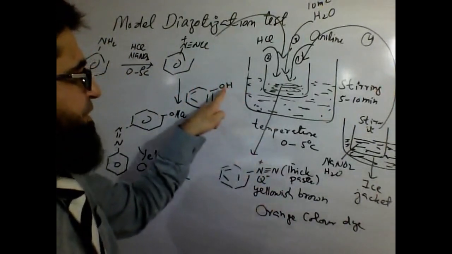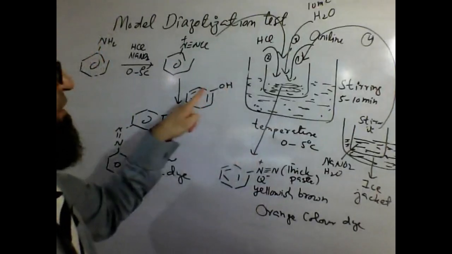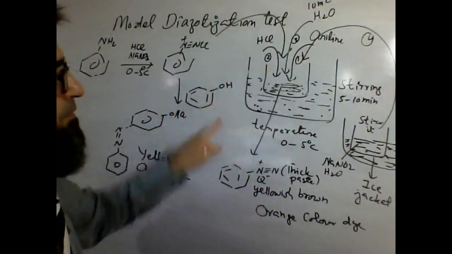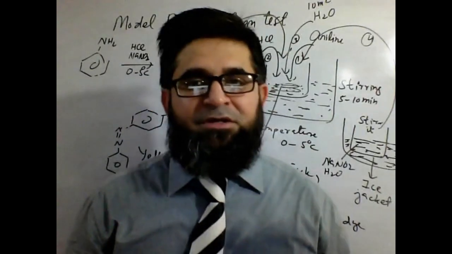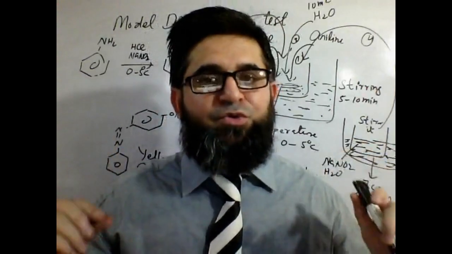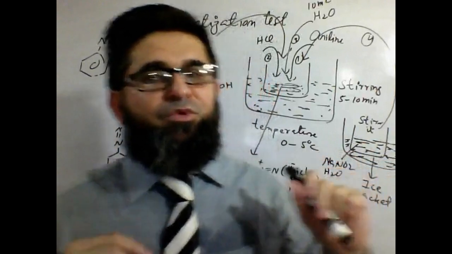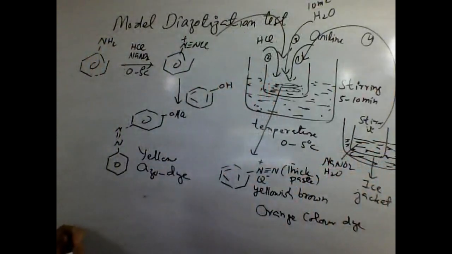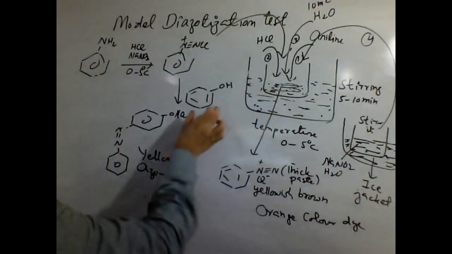So the presence of substituents or the number of rings in the coupler could change the colors, the formation of dyes. So you can produce more than one dye. Those will be the azo dyes just by changing the coupler.